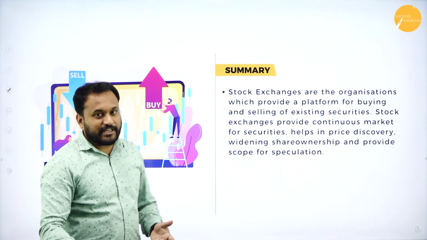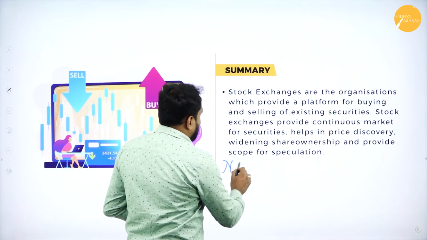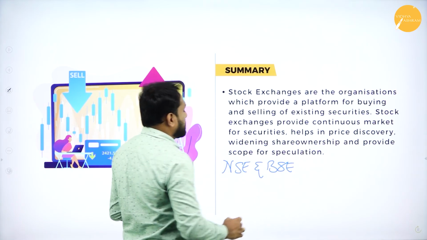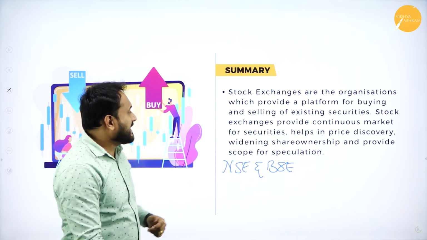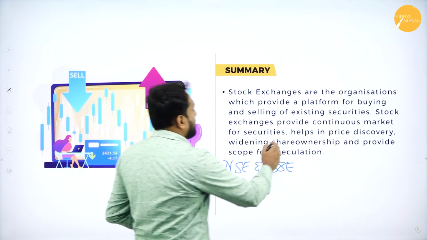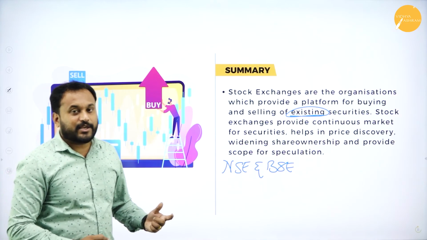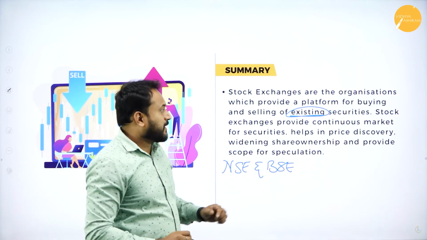Next, we have stock exchange. We know what exactly the stock exchange is. We spoke about NSE and BSE, that is Bombay Stock Exchange. Stock exchanges are the organizations which provide a platform for buying and selling of existing securities. When I say existing securities, whether it is primary or secondary, it is the secondary market.